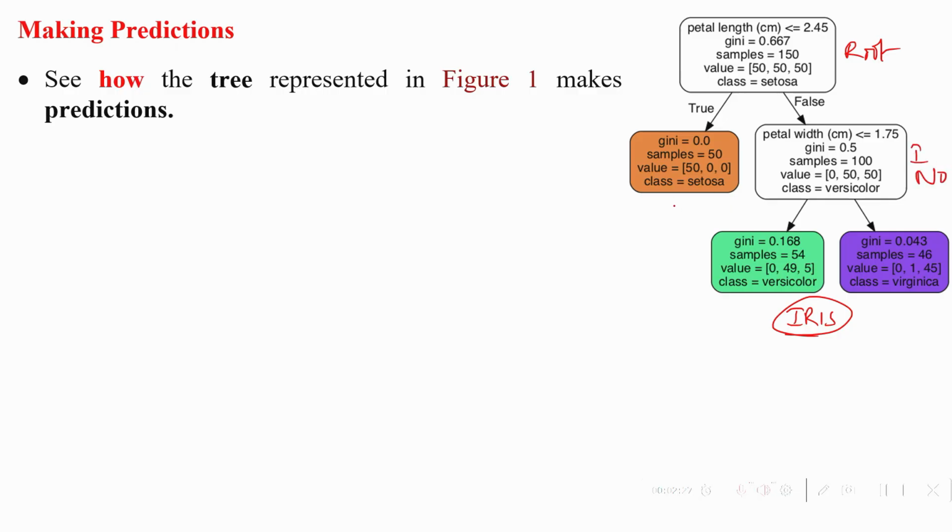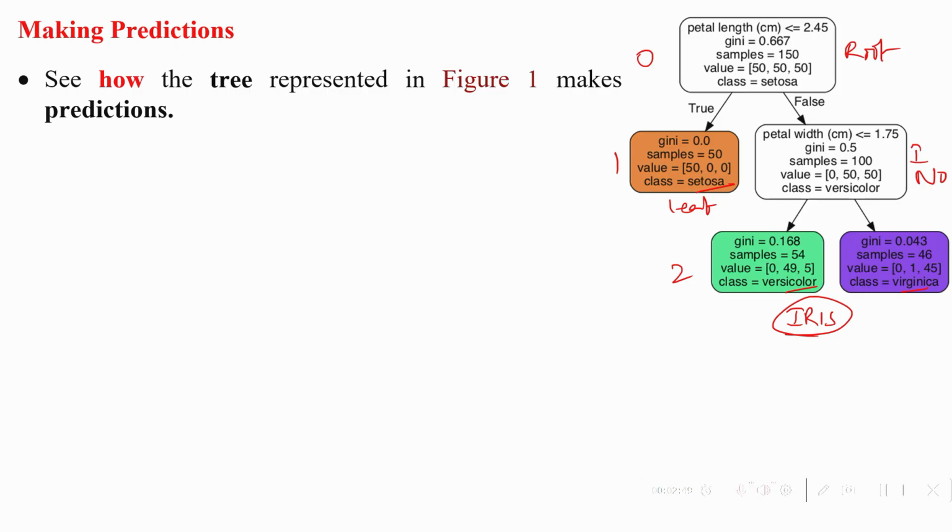These are leaf node 1, leaf node 2, and leaf node 3, with the corresponding class labels Setosa, Versicolor, and Virginica. Here the max depth is 2 only, so this is level 0, level 1, and level 2.